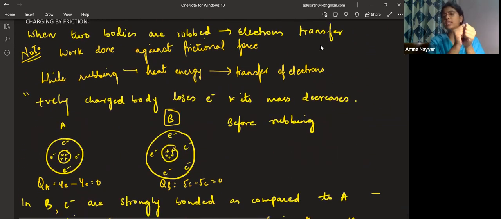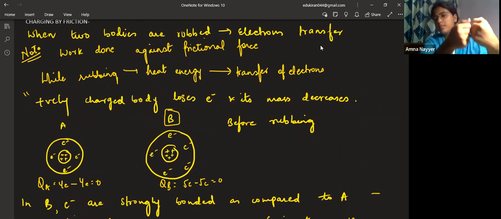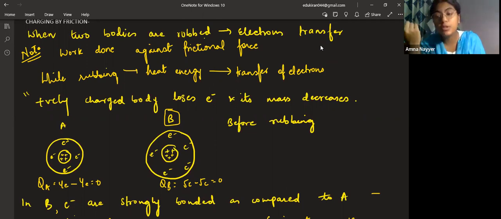See, when 2 bodies are rubbed against each other, what happens? The irregularities between the bodies lead to the formation of frictional force. Whatever work is done against this frictional force, you must have done all of this in work, energy and power in class 11. Always remember frictional force is a dissipative force, so it leads to the formation of heat energy.